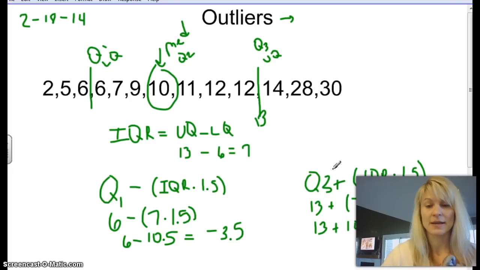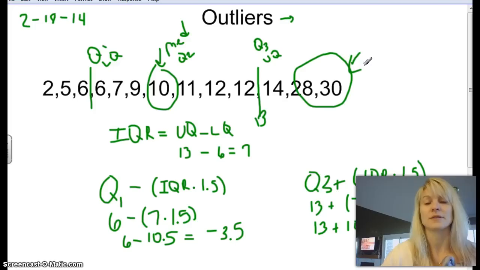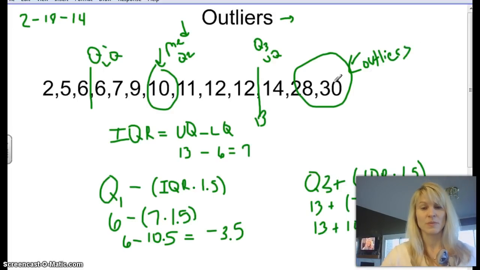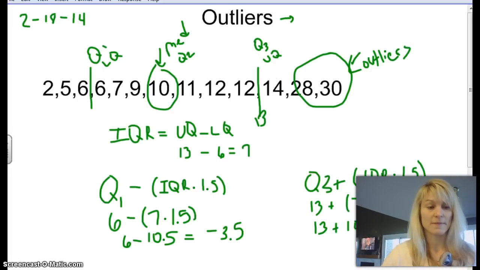Okay, so looking at our data, we have two numbers that are above 23.5. So these are considered outliers of the data, or outside our range of data. So depending on what you're doing, sometimes you take them out, sometimes you leave them in, but these are going to skew our set of data.